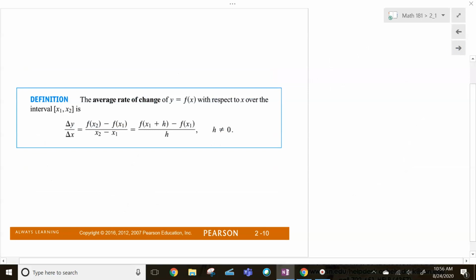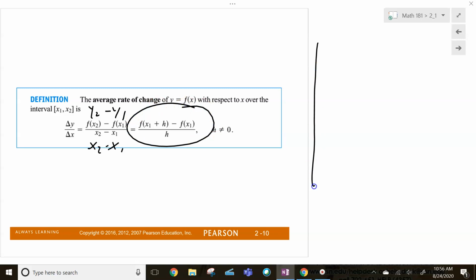So the average rate of change is y2 minus y1 over x2 minus x1. Right, our slope. Average rate of change is a slope. Now, if you're talking with a distance and interval of h out, that's what this is notating.